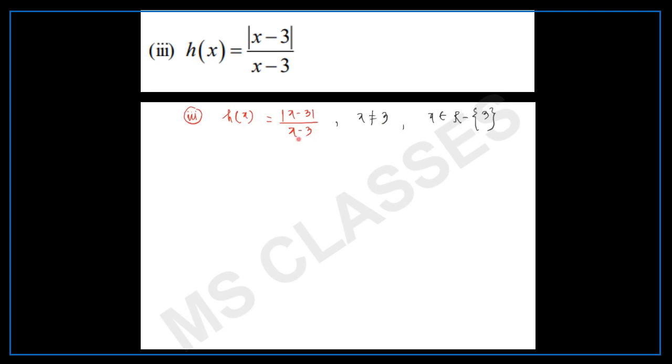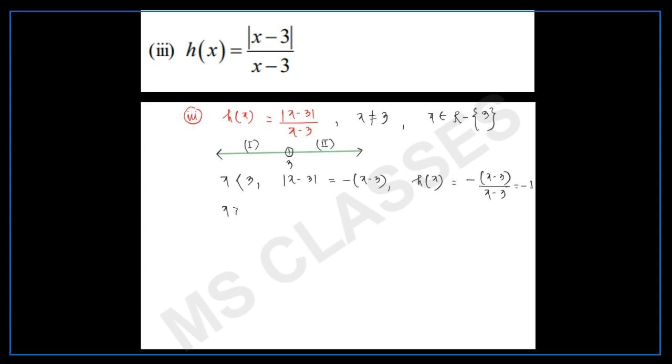Now here we can take two parts. If you take a number line and this is 3, then we have two regions. One is this region, one is this region. So case 1, when x is less than 3, mod of x minus 3 equals minus of x minus 3. h of x equals minus of x minus 3 by x minus 3, which is minus 1.